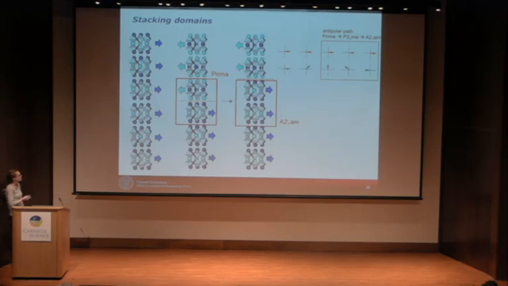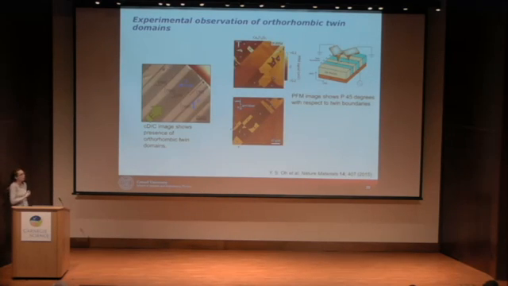If we zoom in on this region where the domain moved, we can see this is the antipolar structure PNMA I introduced before, and this is the polar ground state structure. Switching from this state to this state is exactly the second half of the switching path I showed before. So if we already have these stacking domains in the material, it's just a one-step path to go between these. And finally, the other key structural feature to consider is the orthorhombic twin domains.